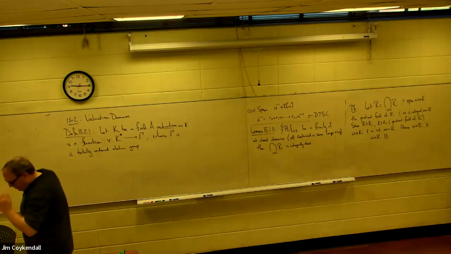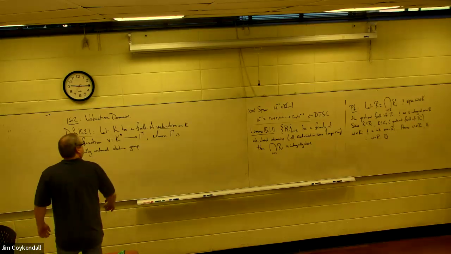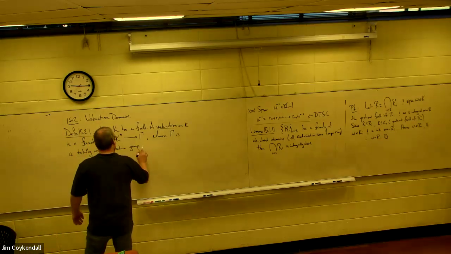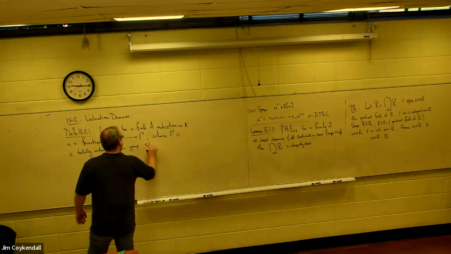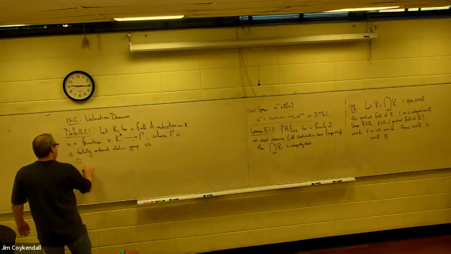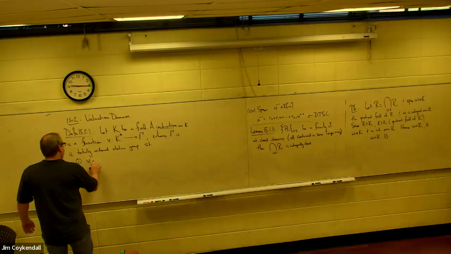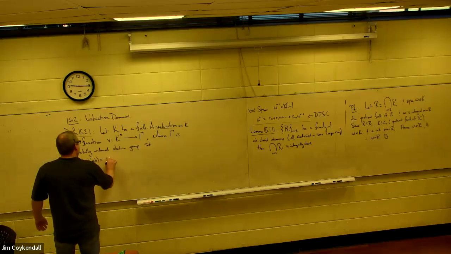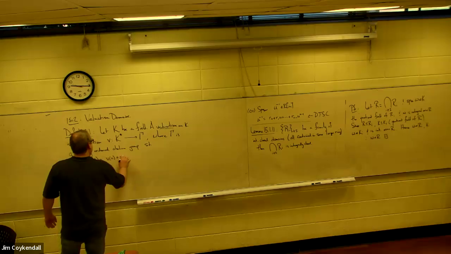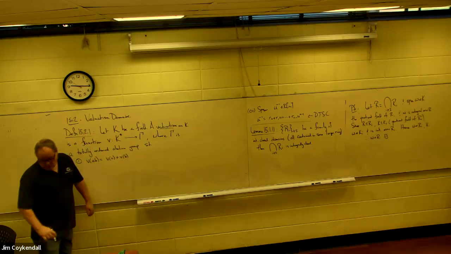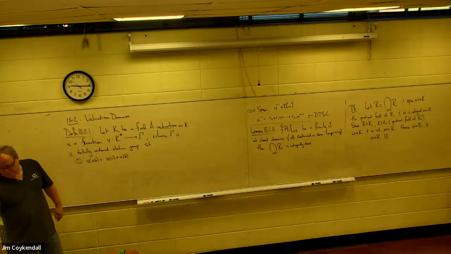I want my valuation to be nice in the following sense, such that, one, the valuation of AB is the value of A plus the value of B. So it's like a logarithm in a certain sense.